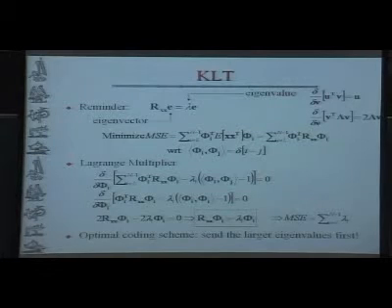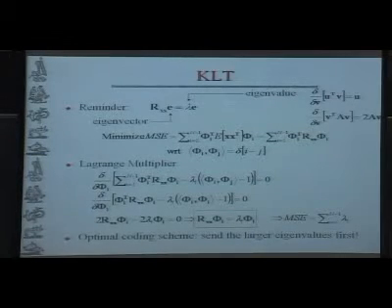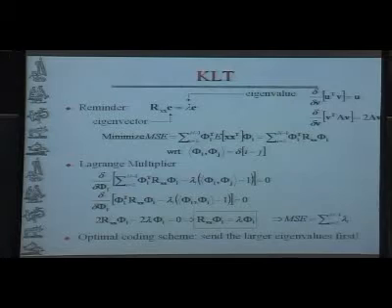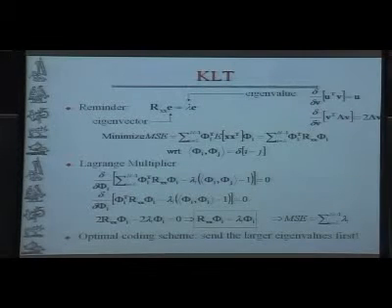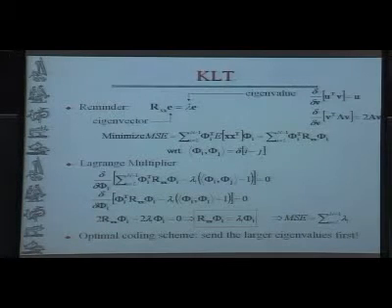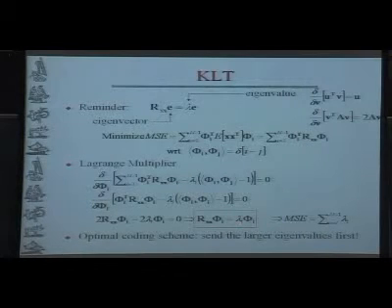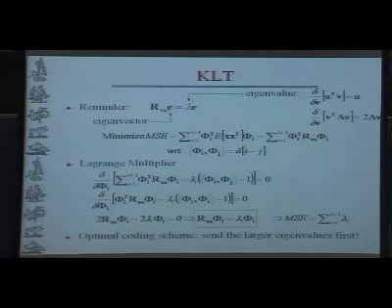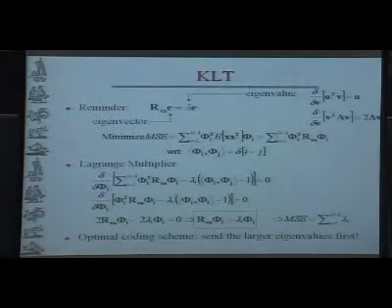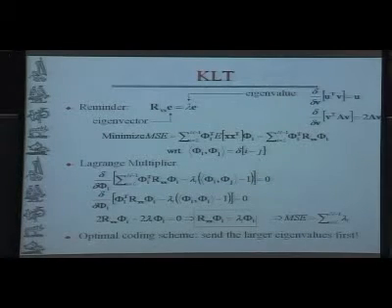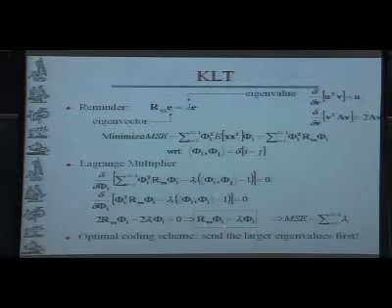Okay, so let's step back. If you're lost somewhere between point 1 and point n here, don't worry about it. Let's step back and take a look at this very nice equation. What it's saying is that in order to design the optimal transform, you should pick all your basis functions to be eigenvectors of RXX.